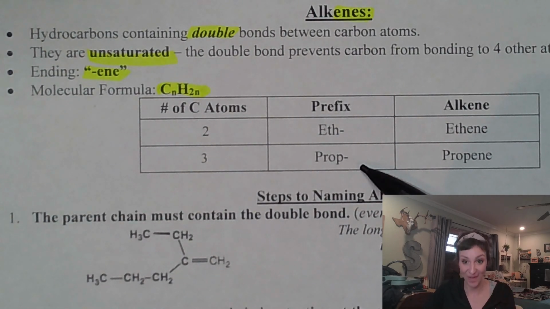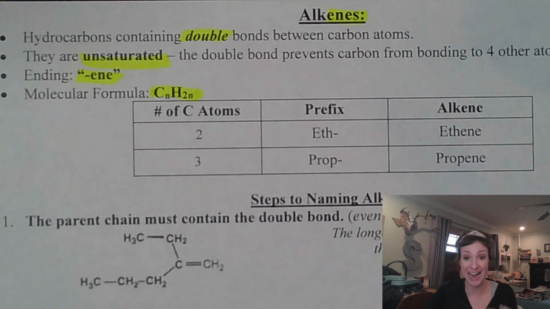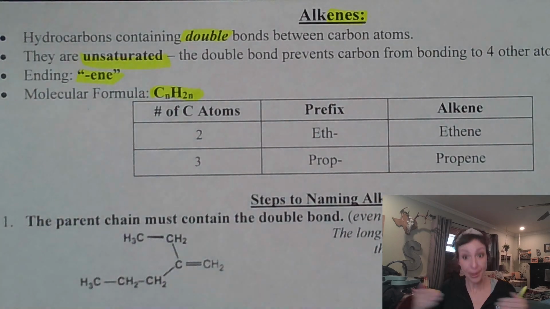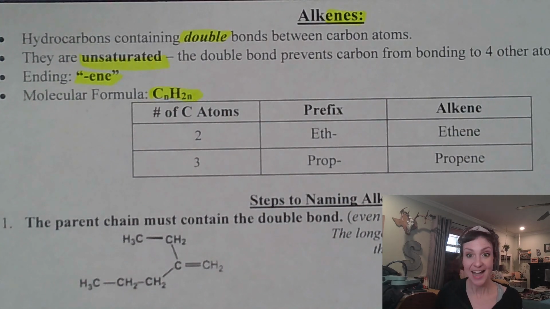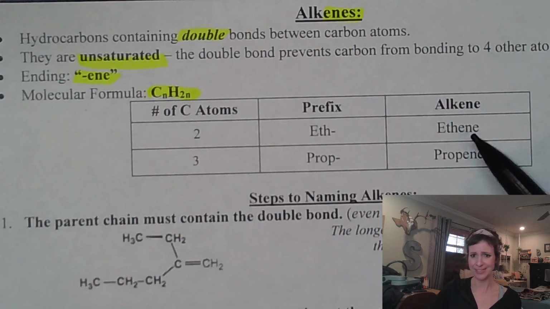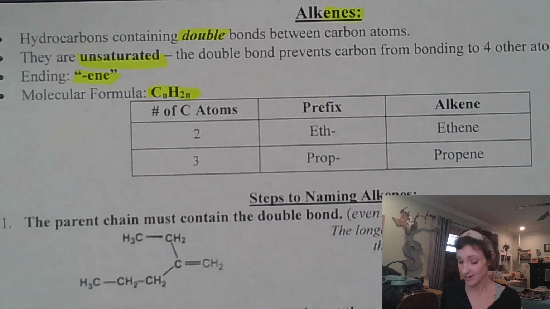I could continue on with 4, 5, 6, etc. One thing every year kids are like, well, where is the meth? Why can we not have methene? Well, you guys, in order for you to have a double bond between carbon atoms, you must have more than 1 carbon atom, so you will not see a methene. That would just not be possible for us. So it's kind of standard. I'm just changing the ending to "ene," which we like.